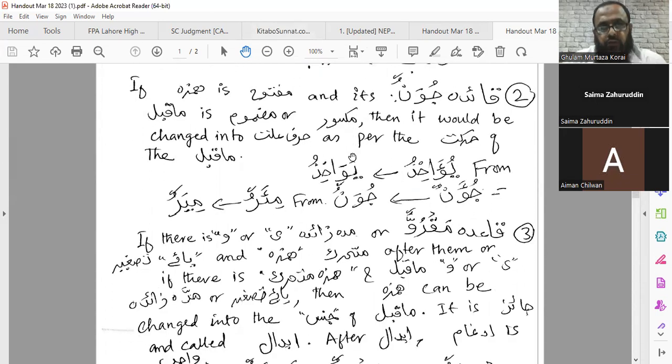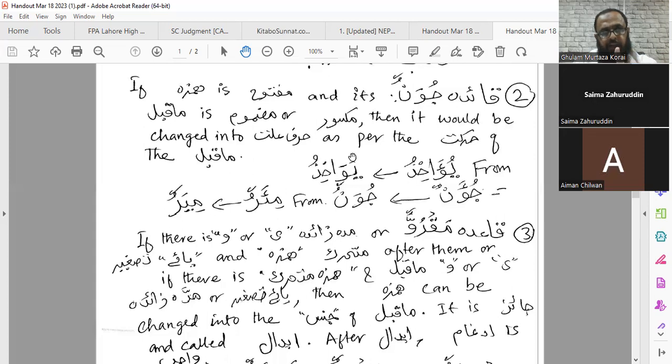So now we are moving to Qaida Juwanun. This is the second Qaida, second rule. And this rule is related to Hamza, Mahmuz. Any verb that has Hamza. And you know, any Hamza, either Mutaharrik or Sakin, means Majzoom, that is known as Hamza.